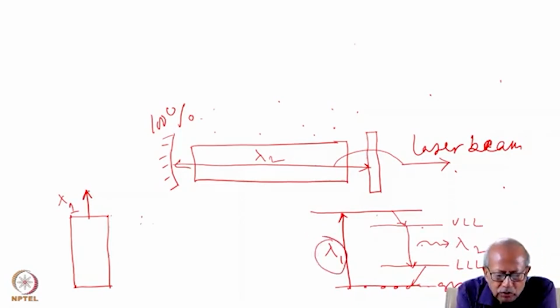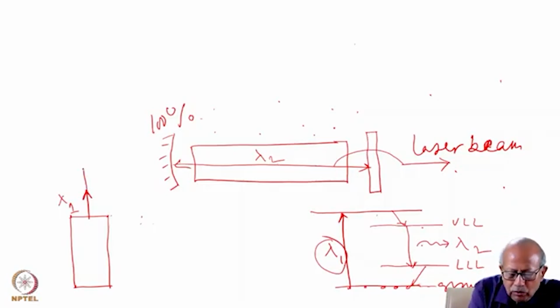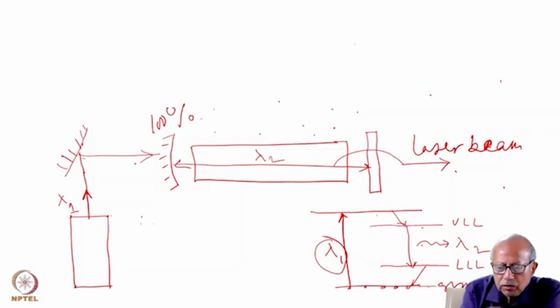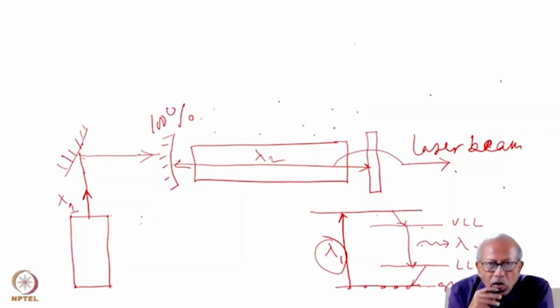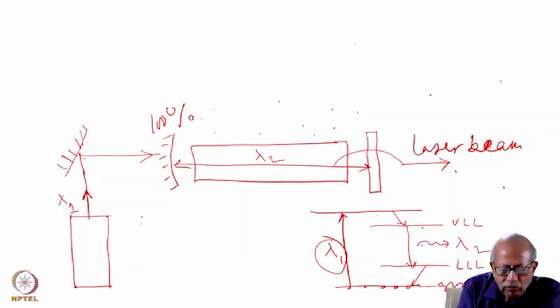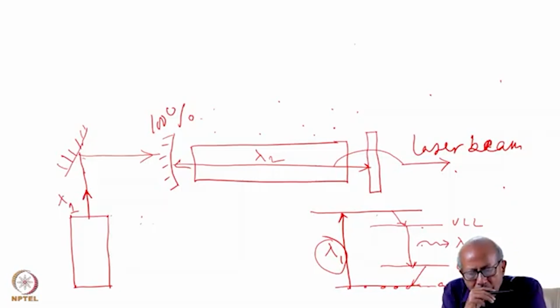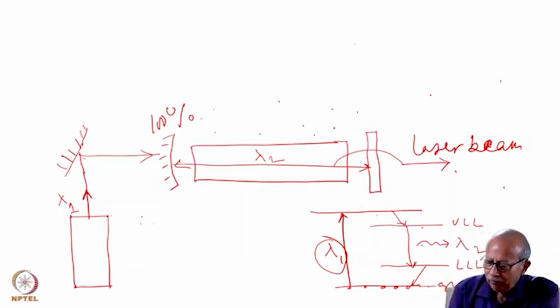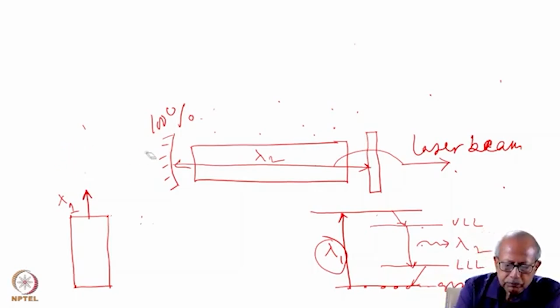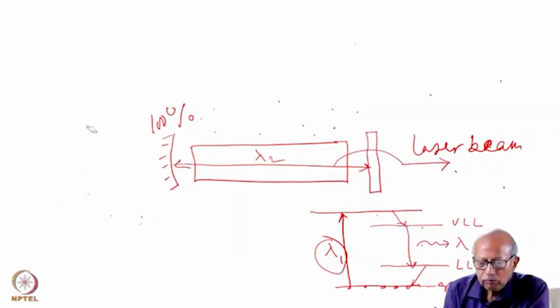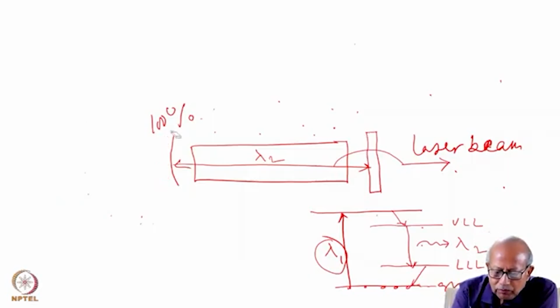So then this pump laser works at a wavelength which is lambda 1. Now you have to introduce this into this cavity. Now can you introduce it? You just use a folding mirror and put it to this. You cannot, because this will block this beam. So can you then put it through the partially transmitting mirror? Well, let us see. So let us just revert.